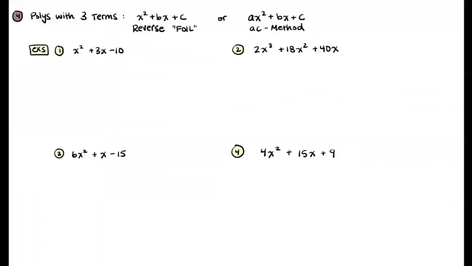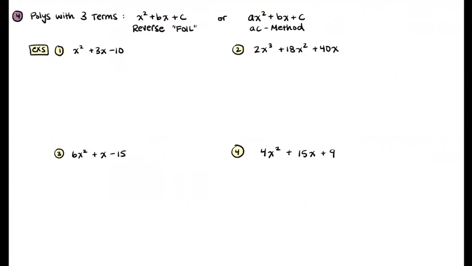Polynomials with 3 terms are, I don't know, more difficult, I guess. So there are a couple different methods you will want to be familiar with when factoring polynomials with 3 terms. Which one you use depends on what the number in front of the x squared is.